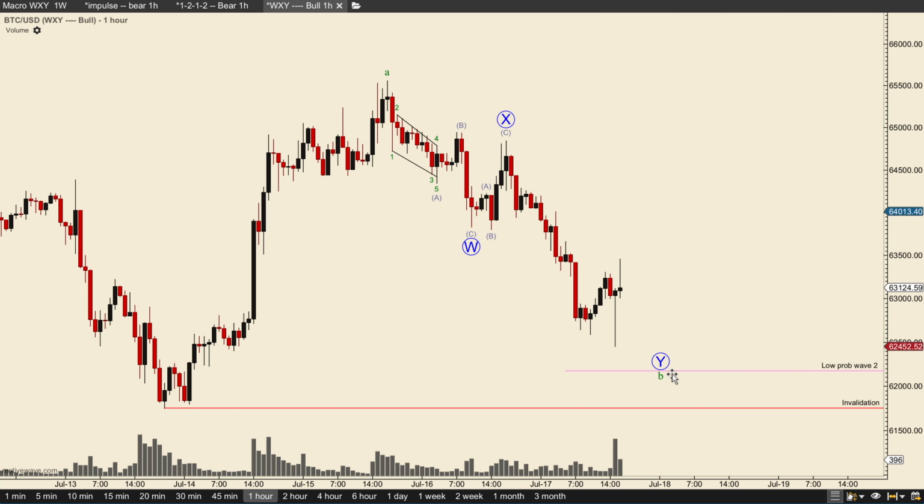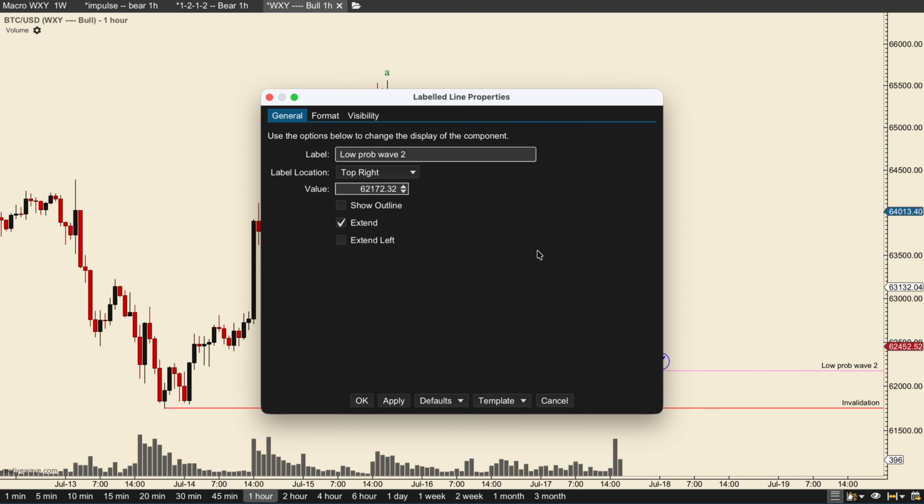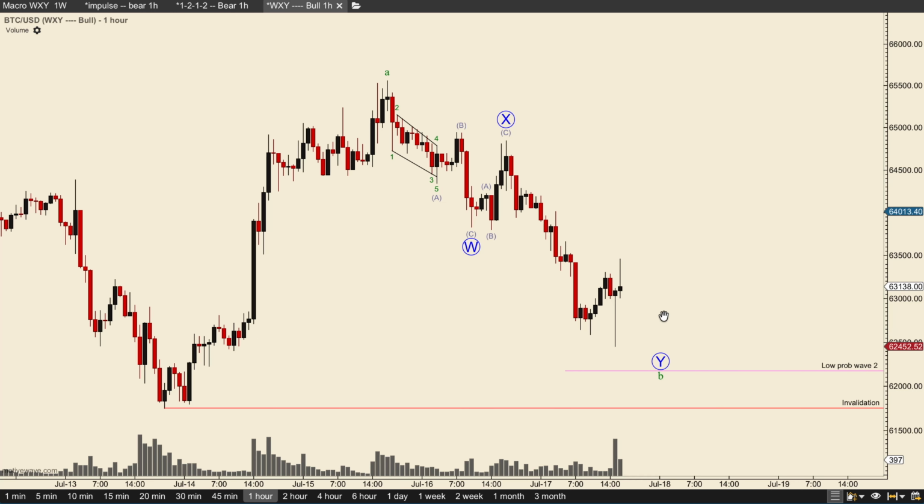So here is the low probability wave 2 target, meaning that if we hit 62.17.2.32, this has a low probability of being a wave 1. Then it is a higher probability of being a wave A if we move down here without taking out this invalidation, of course.